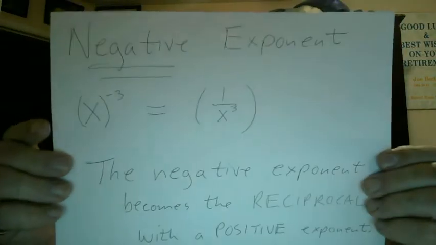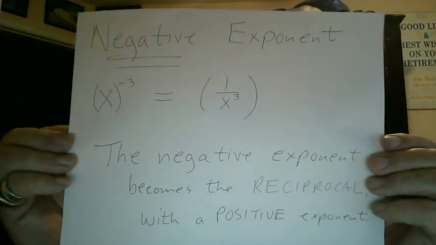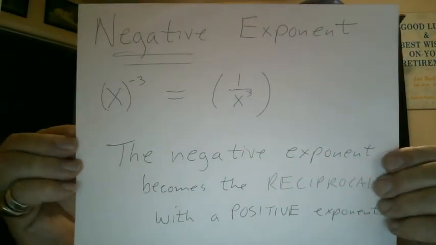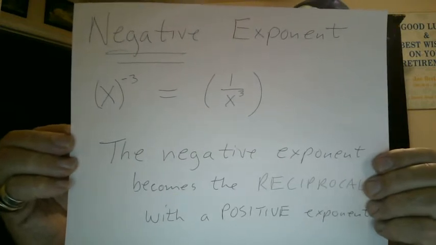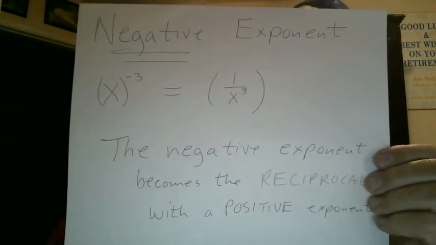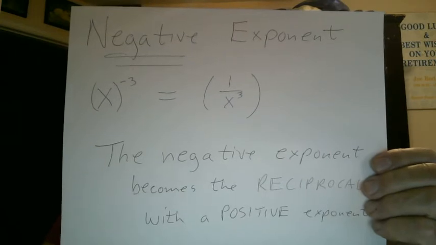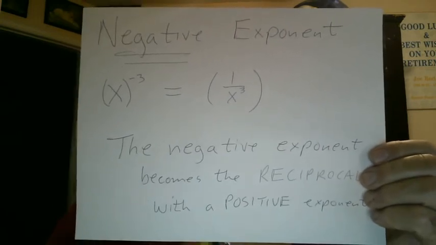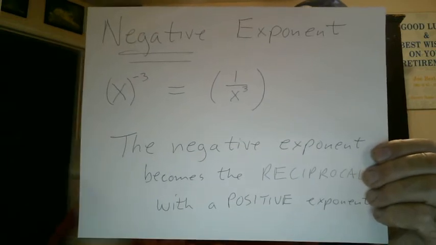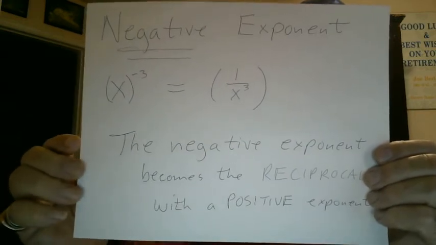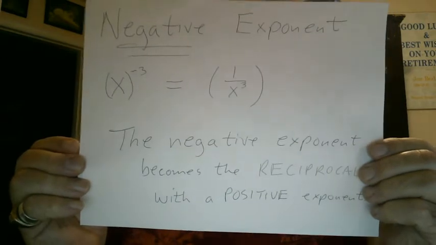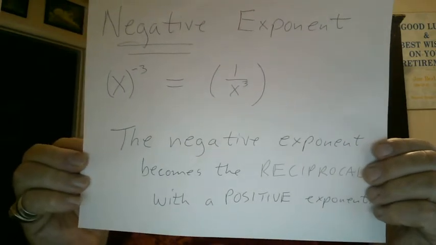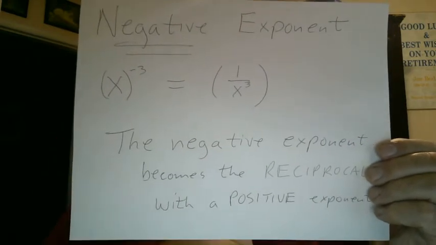Last one is the negative exponent. Okay? The negative exponent becomes a situation where you go x to the negative 3. That becomes 1 over x to the third. So once again, if you remember, the negative exponent becomes the reciprocal with a positive exponent.